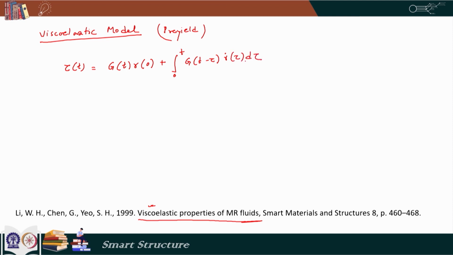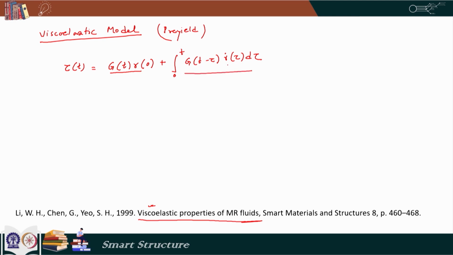When we are talking about applications for vibration absorbers, the system is a dynamic system, so there is time dependence. Now, the stress at the present time t is a linear function of the strain at the present time t and also of the previous histories, and this integral is called a convolution integral, as we know.